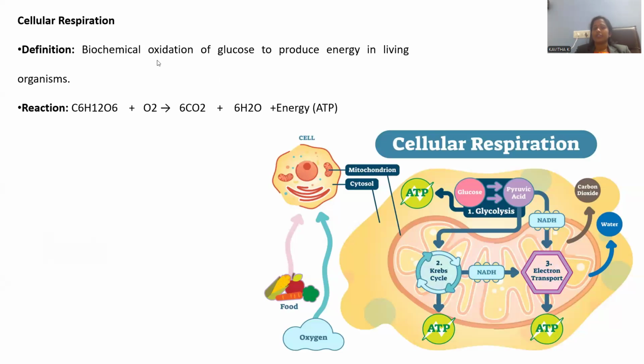Biochemical oxidation is carried out upon the carbohydrate we are consuming, so that it is able to convert into a form called energy. That energy can be utilized for all our activities in our daily routine. So all energy can be generated by means of biochemical oxidation of the food we are consuming.